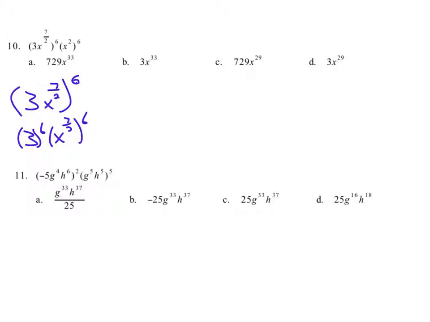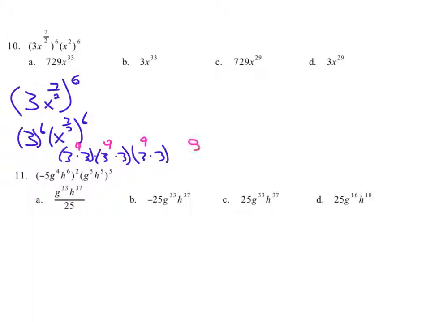3 to the 6th is 3 times 3 times 3 times 3 times 3 times 3, and what you get here, if you group them, the associative property says we can group them and do any part of it first. We get 9 for this, and 9 for this, and 9 for this.